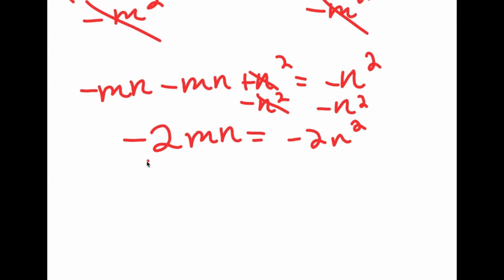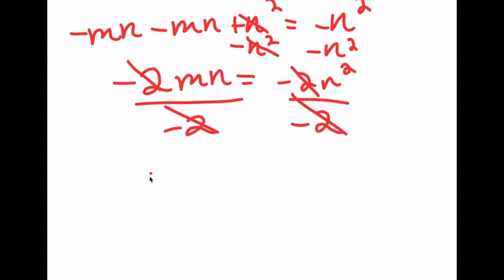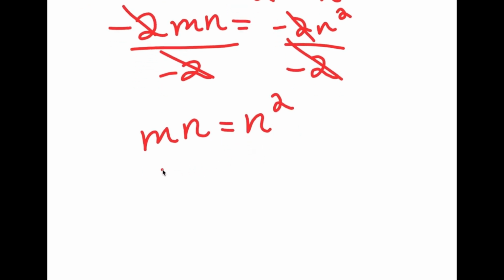Now from here, I can divide both sides by negative 2. So then these two negative 2's cancel out, these two negative 2's cancel out, and I'm simply left with mn is equal to n squared. Now from here, I'm going to subtract mn on both sides.